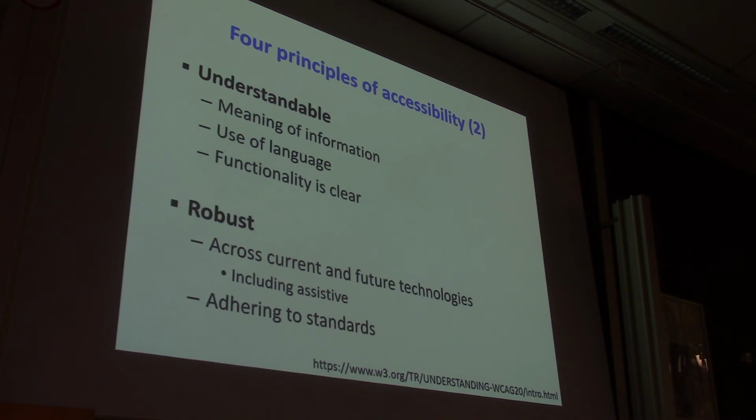One thing you can do to make your website more robust is to adhere to these standards. Simple things like these validators that you are required to use for assignment 1 really help. Because if your website at least conforms to all these standards and has no syntax errors, the chances that this wide range of technologies that you will never use yourself and never test your website with will still work increases a lot.